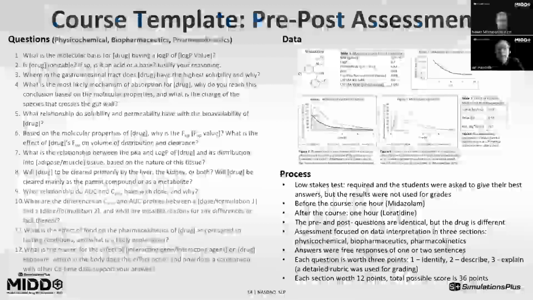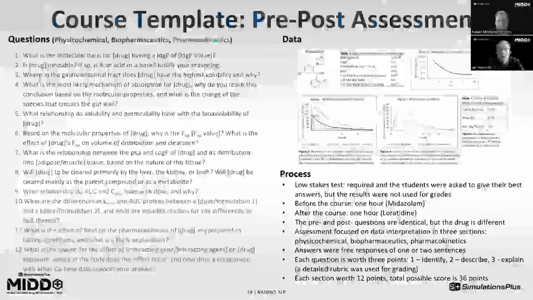And we did this as a low stakes test. We're not grading students based on their answers, but we are definitely interested to see the quality of their answers. We gave them 1 hour before the course and 1 hour after the course for these assessments. Questions are the same, pre and post course; the drug is different.